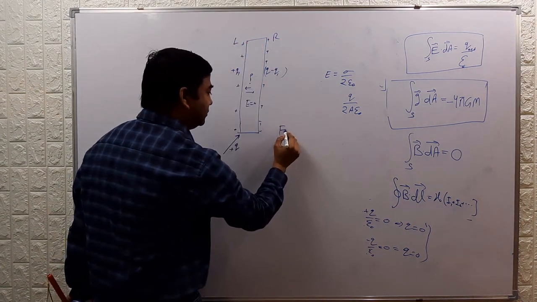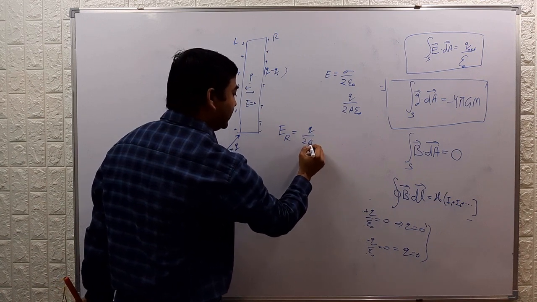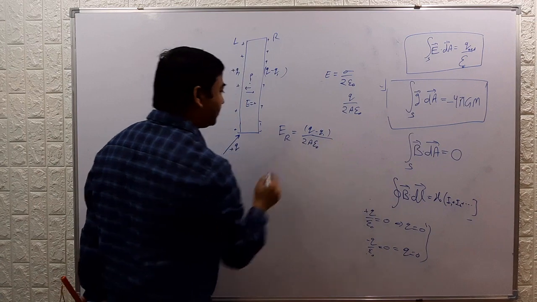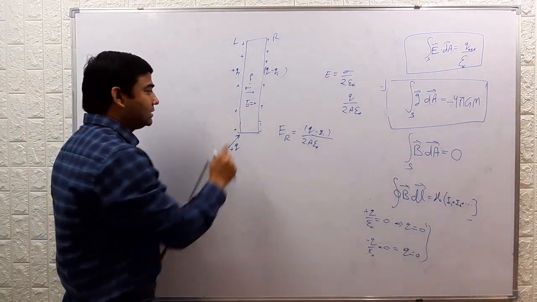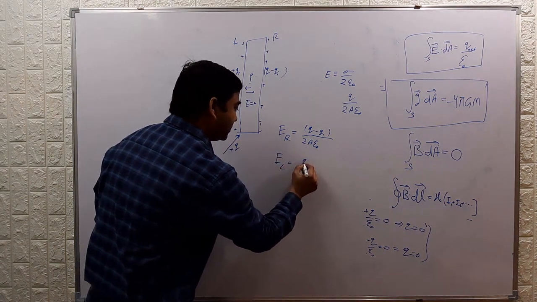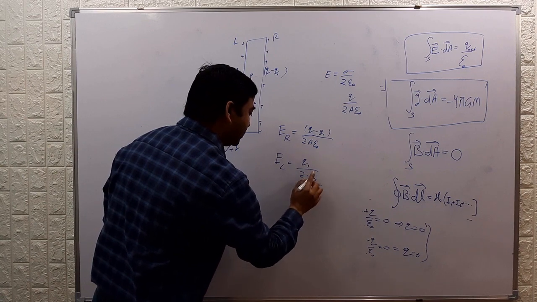So electric field due to right surface will be (Q minus Q1) by 2A epsilon 0. Charge on this surface is Q minus Q1. Similarly, by left surface, electric field is Q1 by 2A epsilon 0.